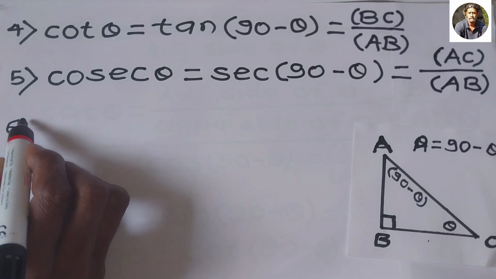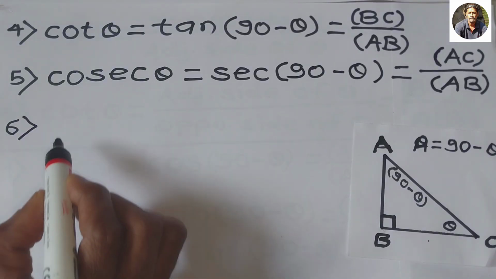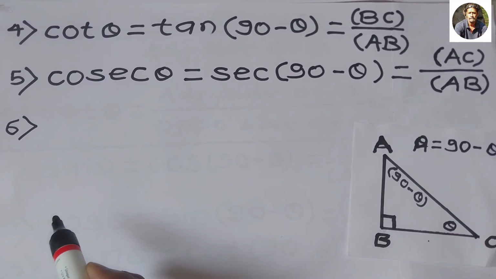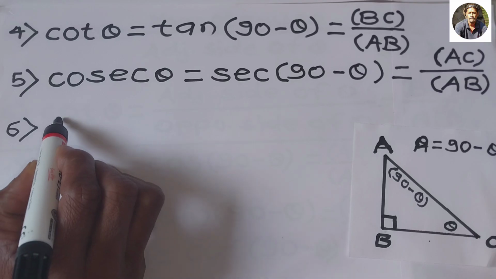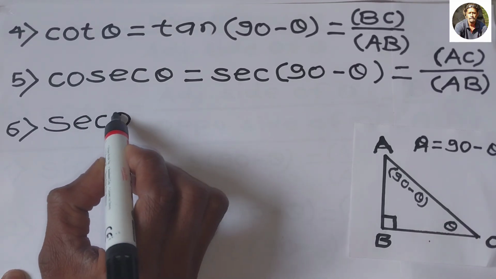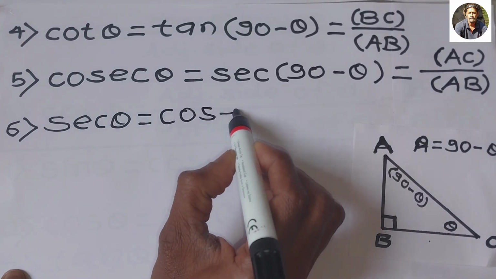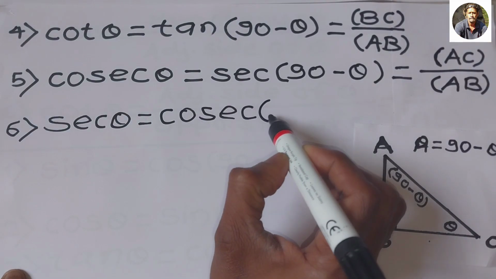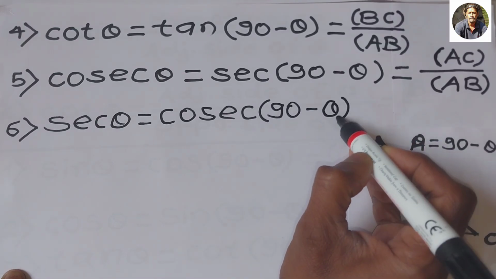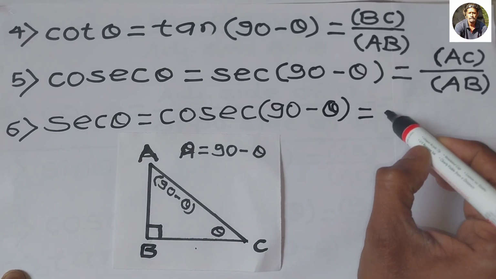Now the next one, the last of these trigonometric ratios for complementary angles. Here we write sec theta is equal to cosec of 90 minus theta. Now look here carefully.